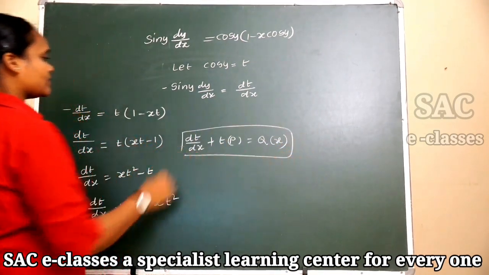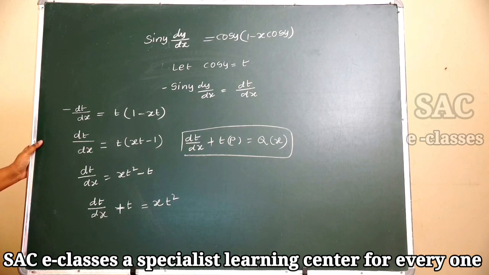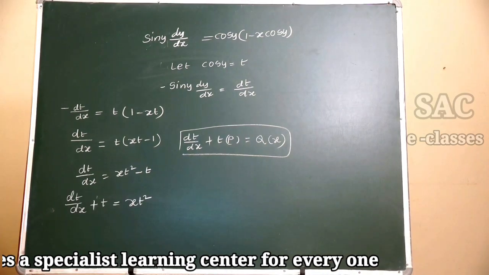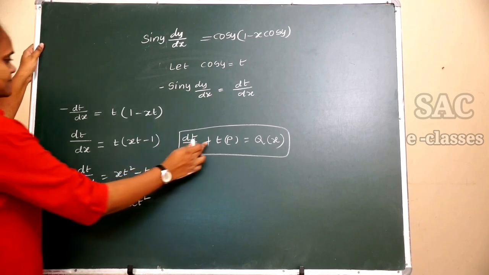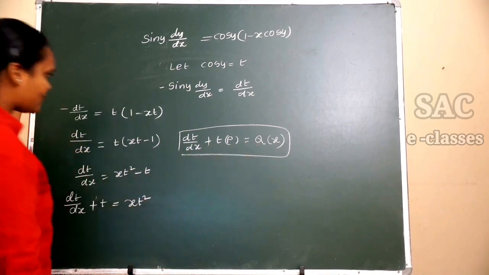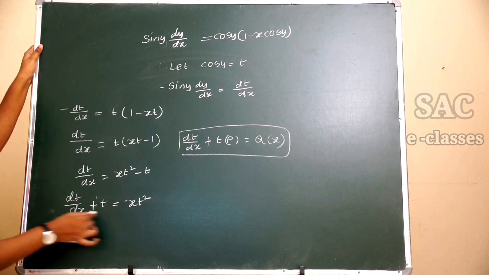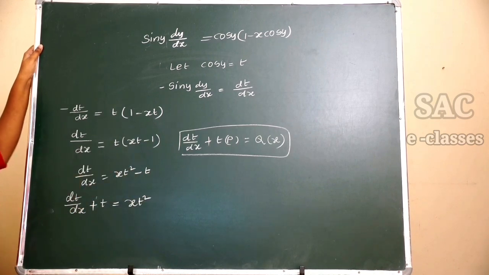But here it is not in that form. It should be in terms of dt by dx plus t into p equals q of x. So it is not like that, and it is not purely x terms also.